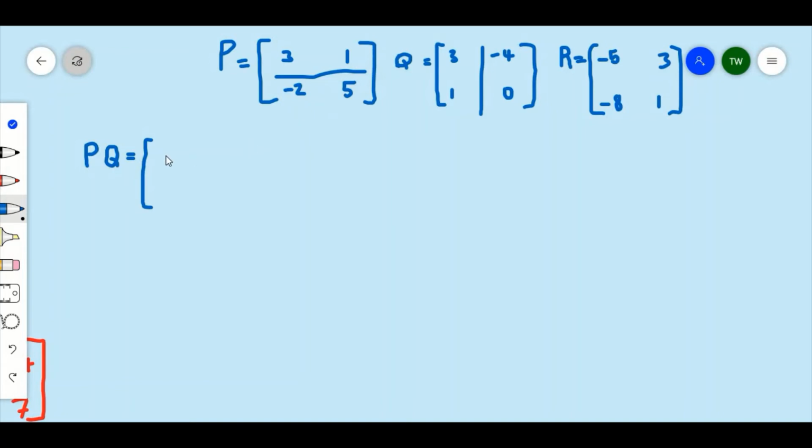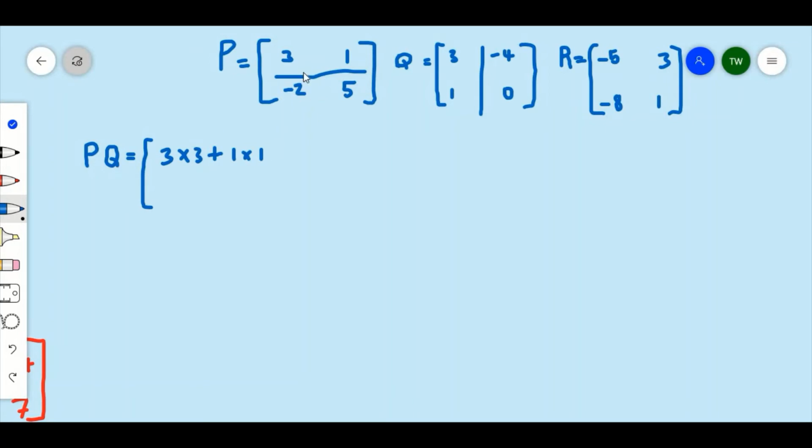So we're going to write it here. So it's going to be 3 times 3 plus 1 times 1.